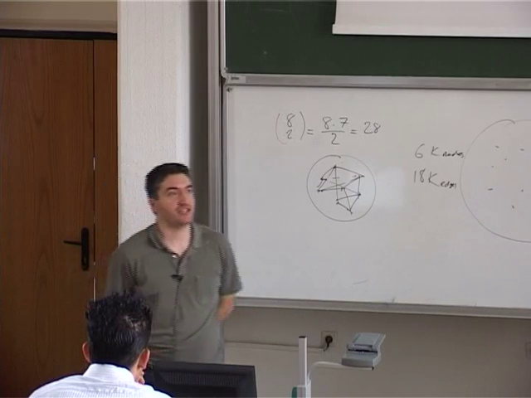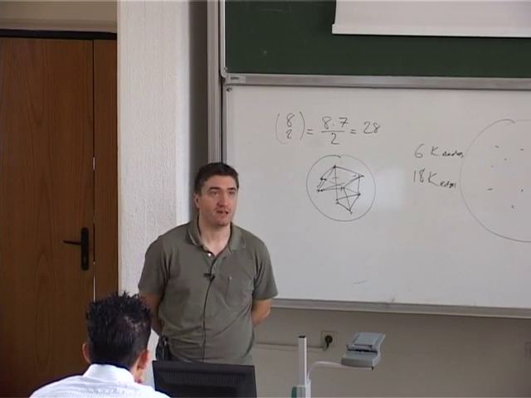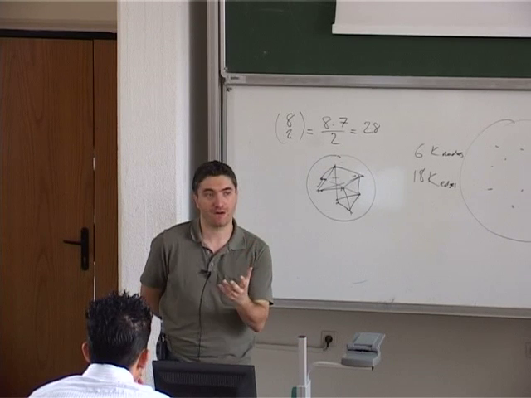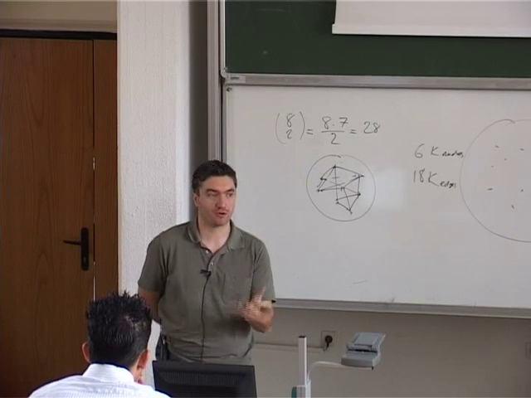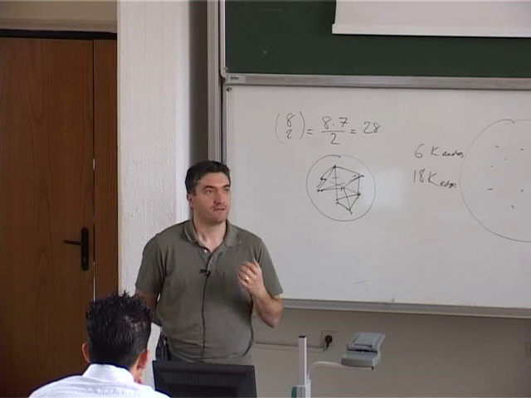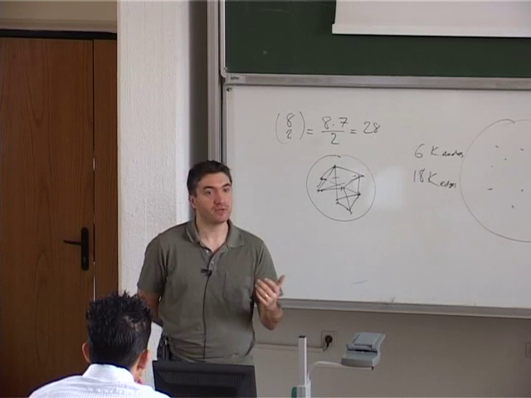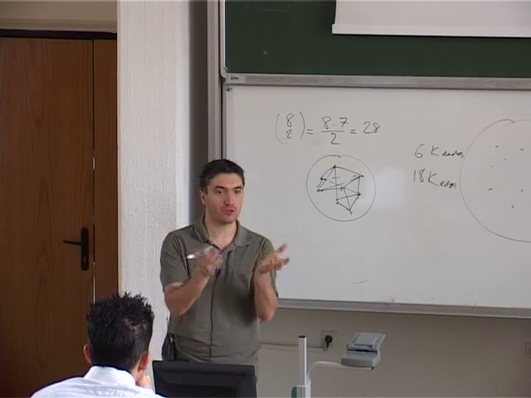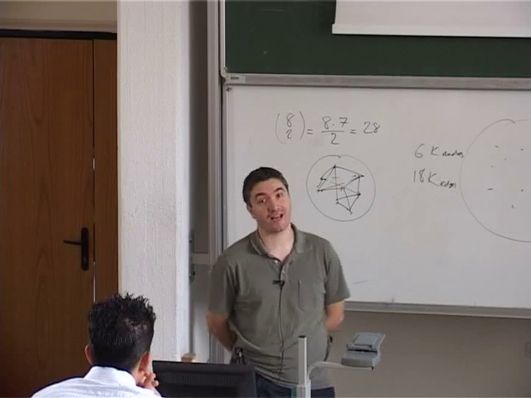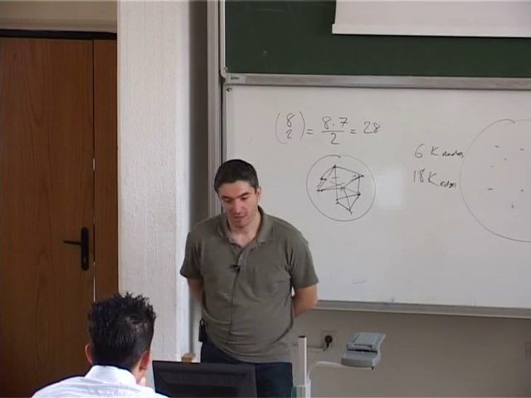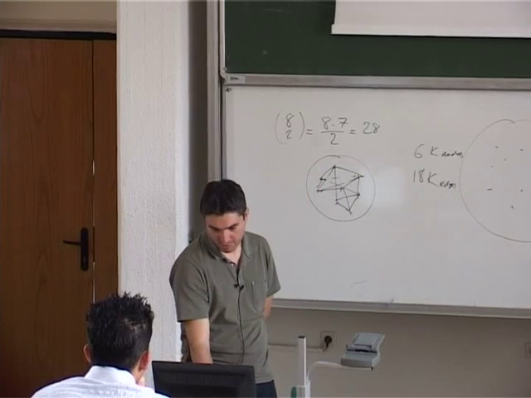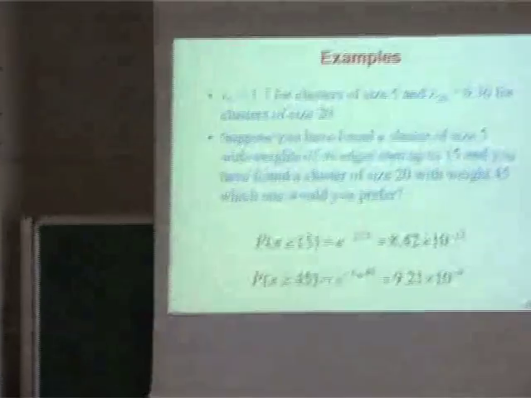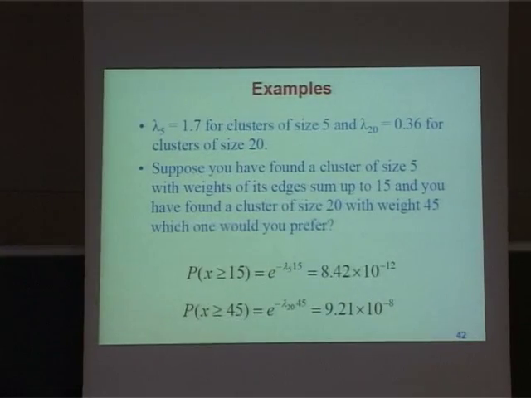Now, here is another question. In addition to trying to find out whether your algorithm is working well or not, we also sometimes need to compare, even within the same algorithm, two different results of different sizes. For example, let's read the second bullet.